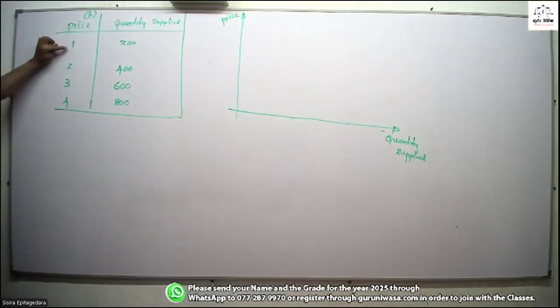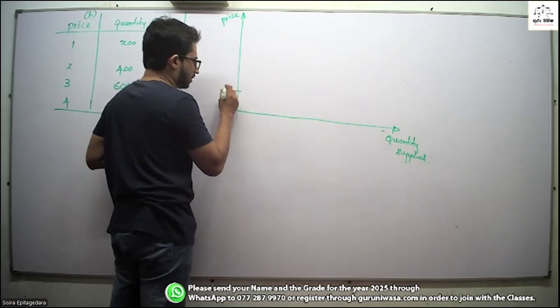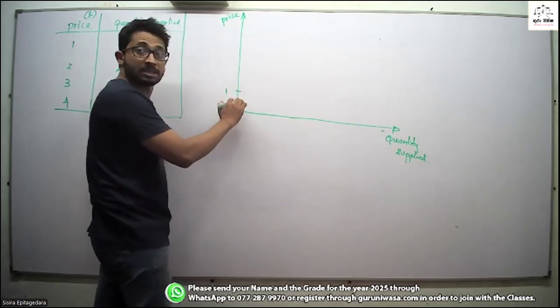Then how does price change? 1, 2, 3, 4. It means price changes one by one. So you can label the price axis as 1. Remember similar distance, right?